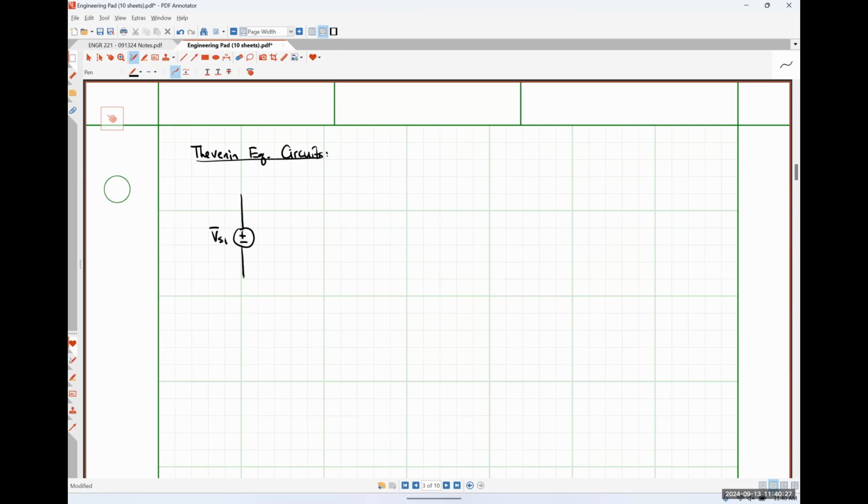I've got some source voltage VS1 and some associated impedance Z1. So this will be our primary impedance, connected to an ideal transformer.